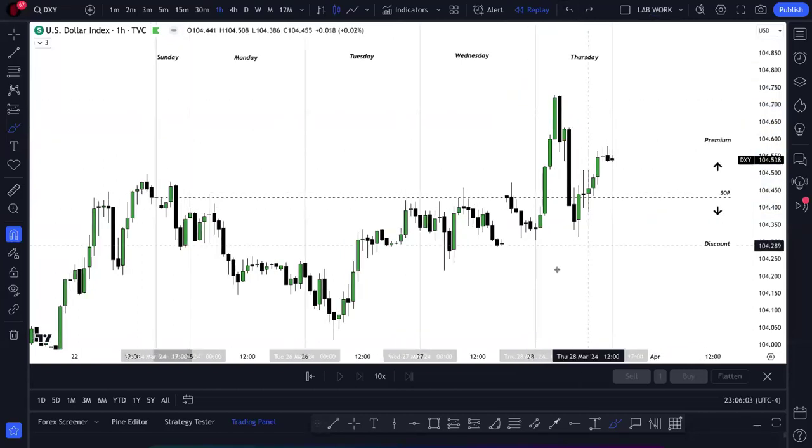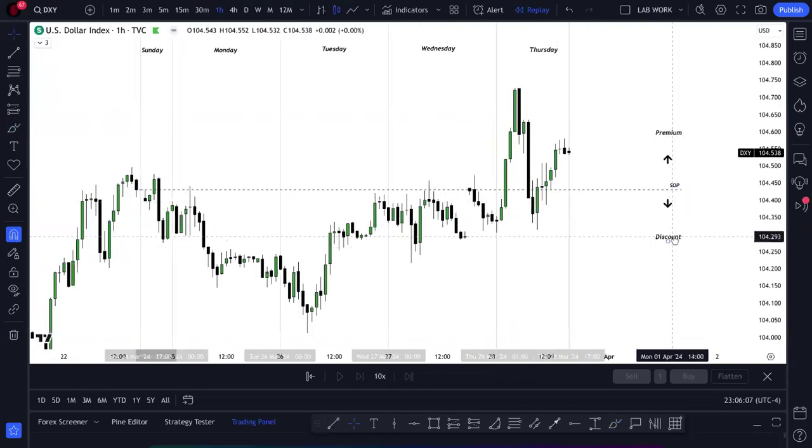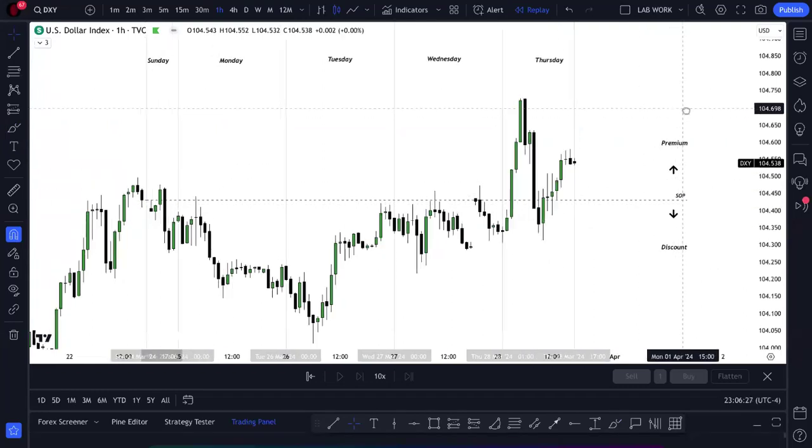Now, vice versa, you can see price drops below the weekly opening price in a discount. Right down here, it makes itself cheap before going higher. So that's just a natural indication in price. You don't need an indicator to tell you that. The market itself is already telling you that, the way it's situated, the open, fair value. Remember this line. It's very important during your weekly projections.